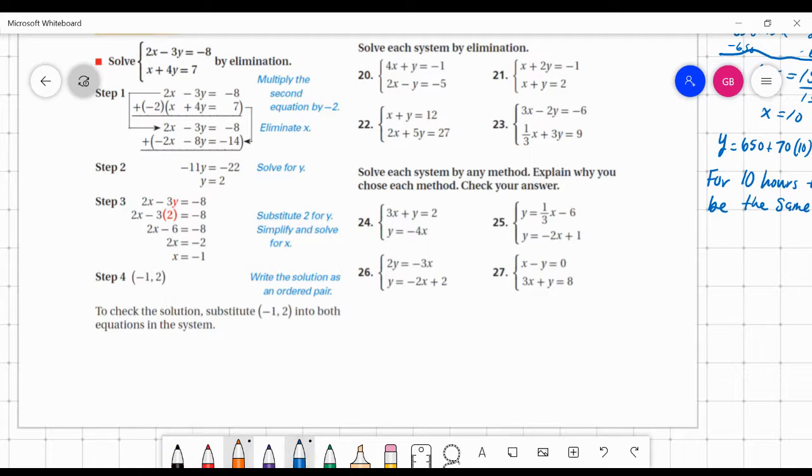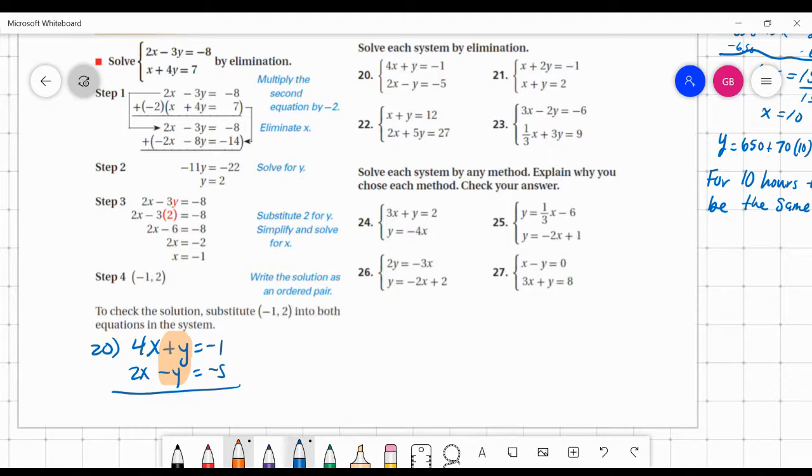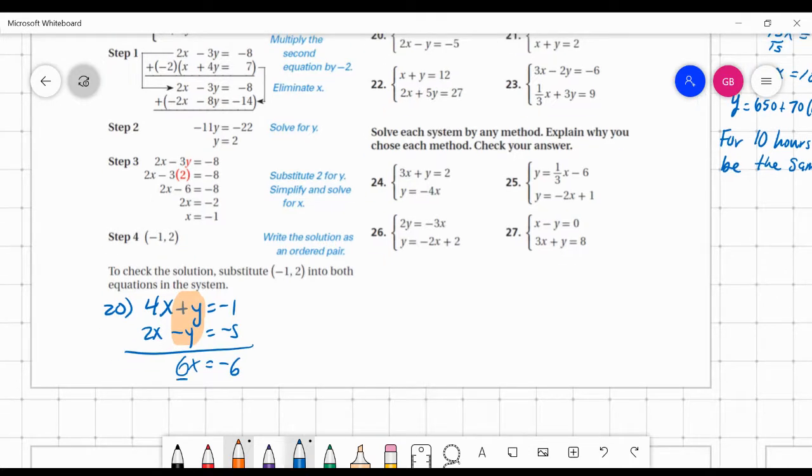So let me just copy it down here. So 4x plus y is equal to 1. 2x minus y is equal to negative 5. So this eliminates. If you add them, they eliminate. So now you have 6x is equal to negative 6. Divide both sides by 6. So x is equal to negative 1.